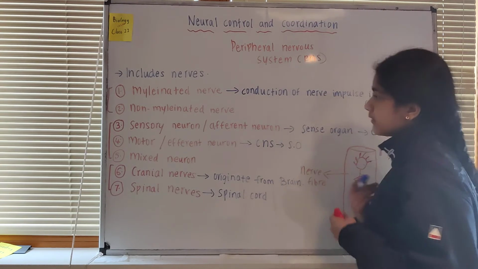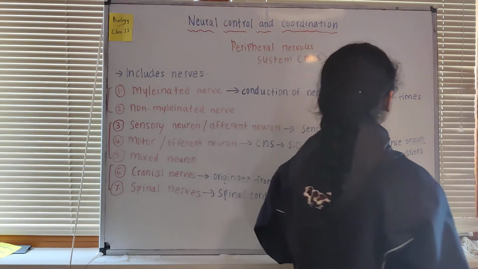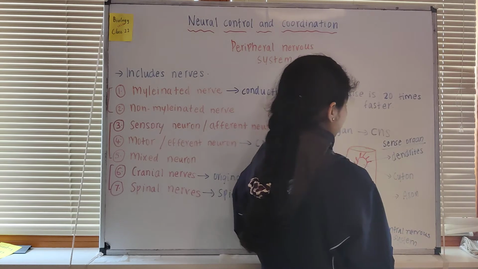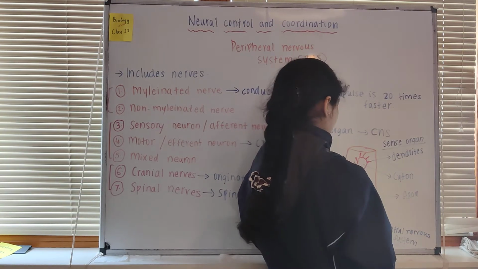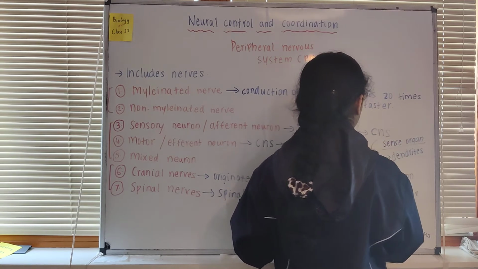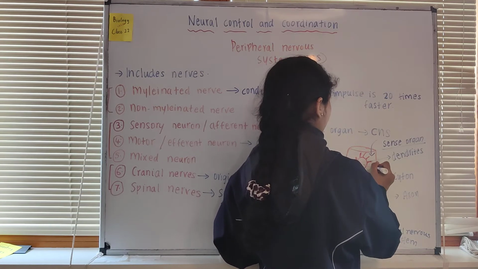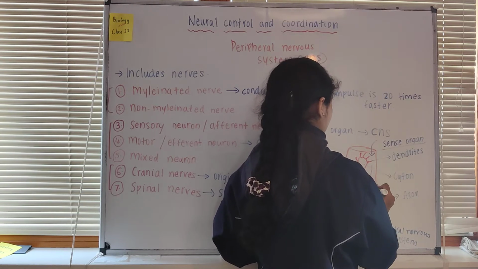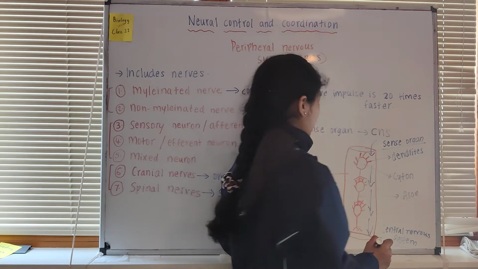Now how are the nerve impulse or the electric signals going to travel? The electric signals always travel from the dendrites, so we are going to label it. They first come from the dendrites to the cyton and to the axon, and like that it continues.